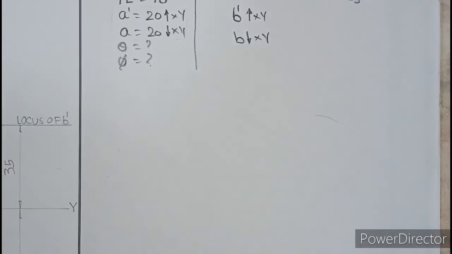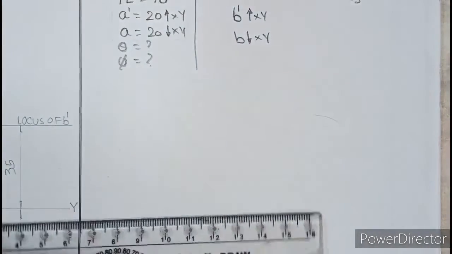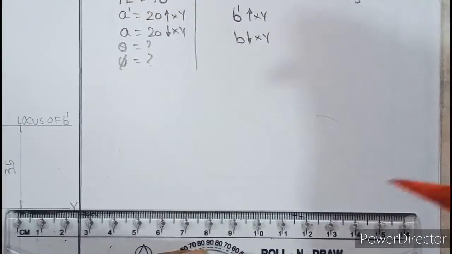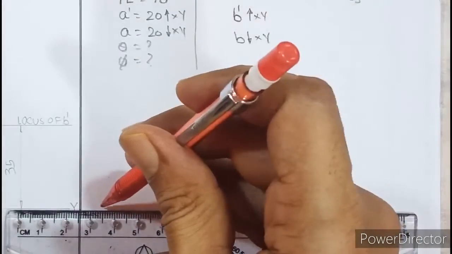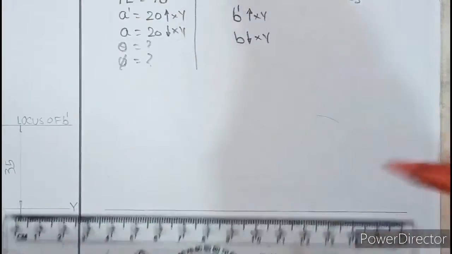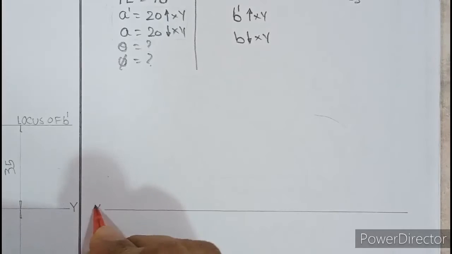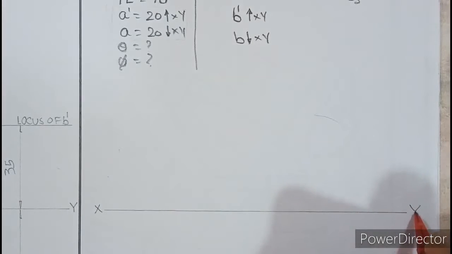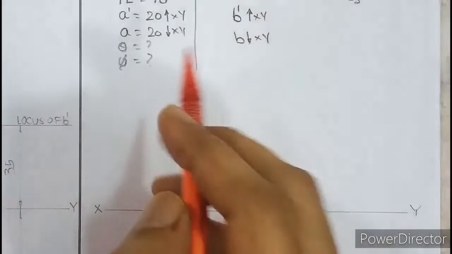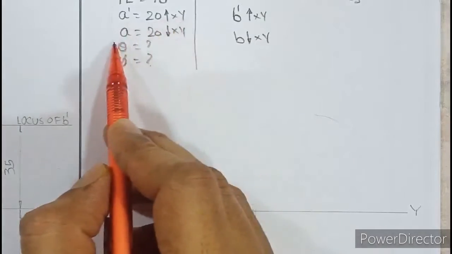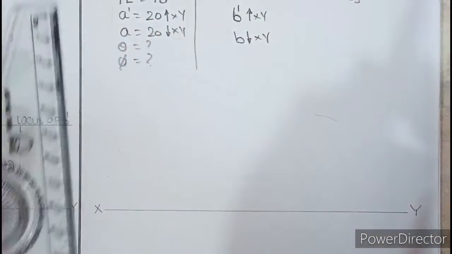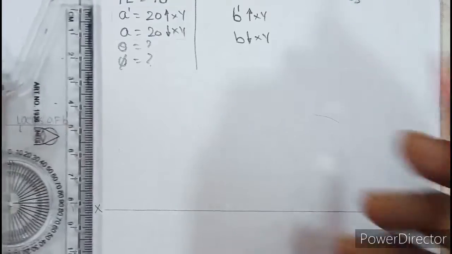As we have discussed, we should always mark position data first. So let us do that. In continuation with the previous XY line, let me draw a medium dark XY here also. I will write capital X and capital Y. Now the position data is A dash is 20 above and A is 20 below. So I'll align the roller scale here and slide.